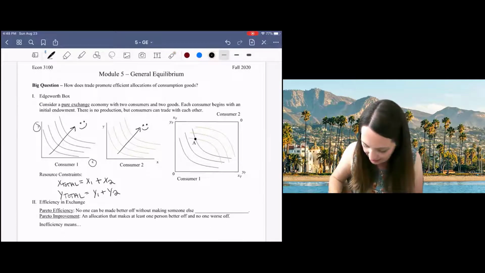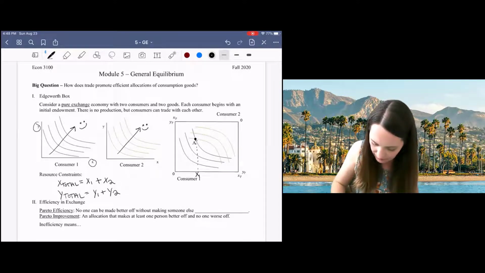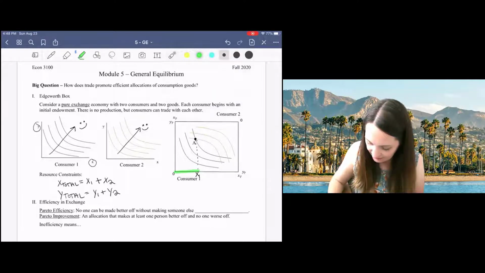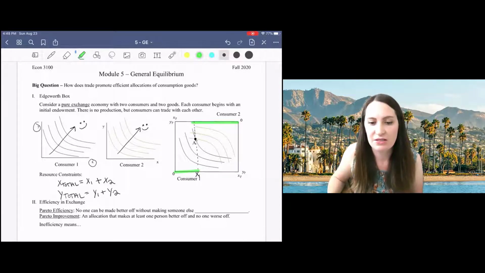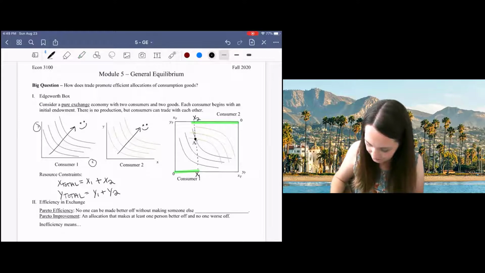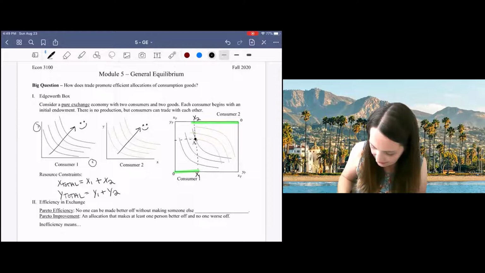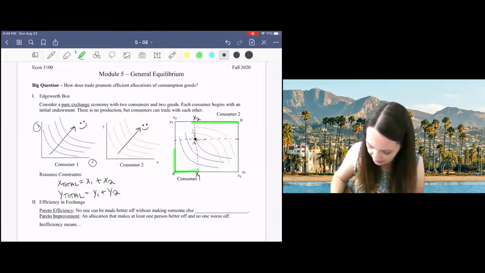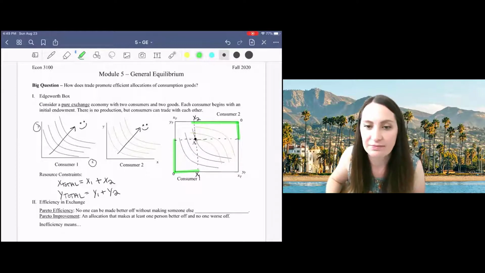At point A, consumer 1 will consume this quantity of X, leaving the remainder of X to be consumed by person 2. Same is true for Y. Person 1 consumes this quantity of Y, while person 2 is left with the remainder.